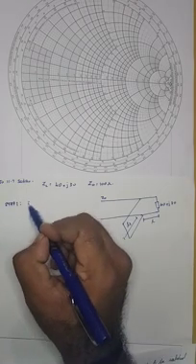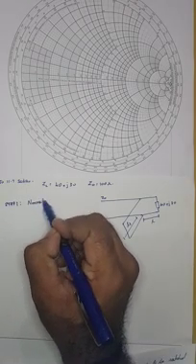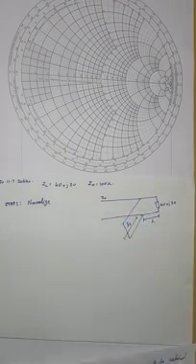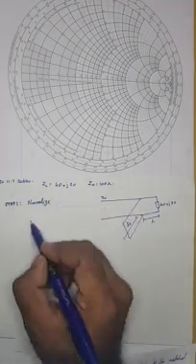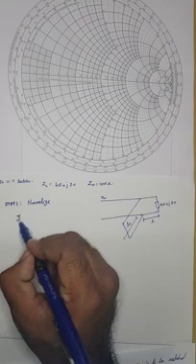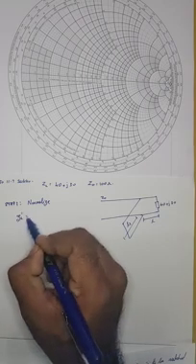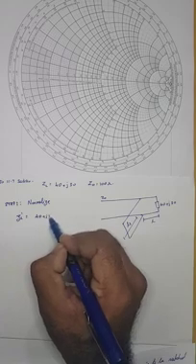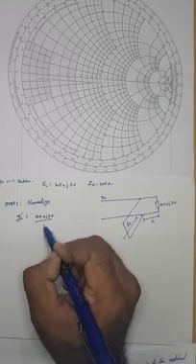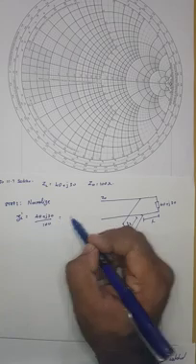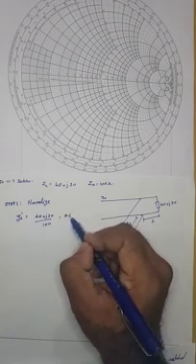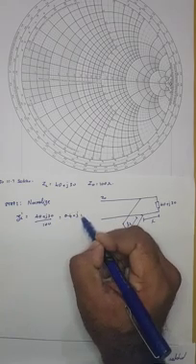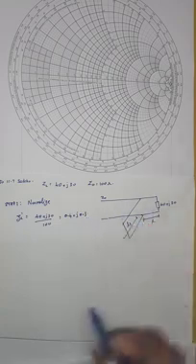The first step is to normalize all given values. So our normalized load impedance here is going to be 40 plus j30 divided by 100. That is going to make 0.4 plus j0.3.